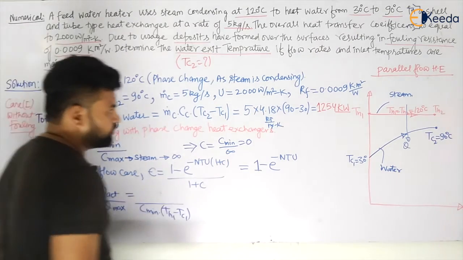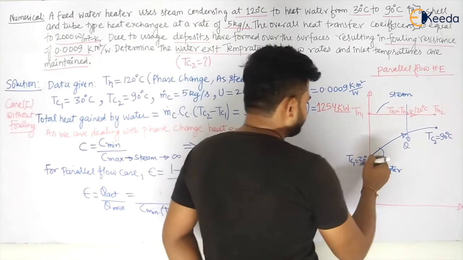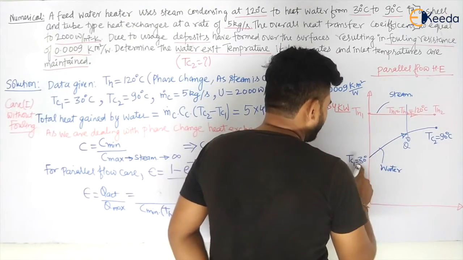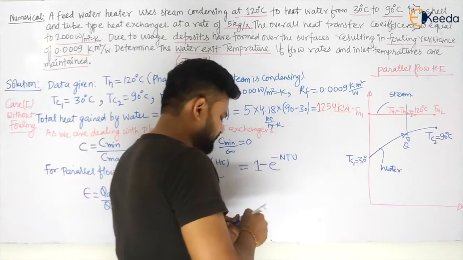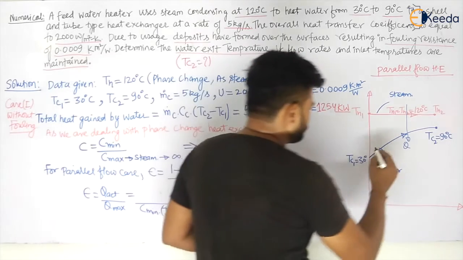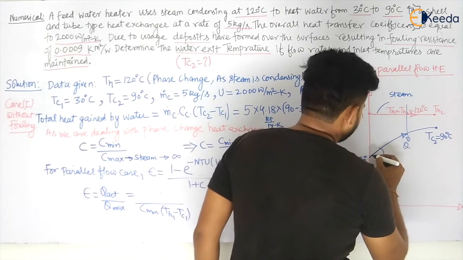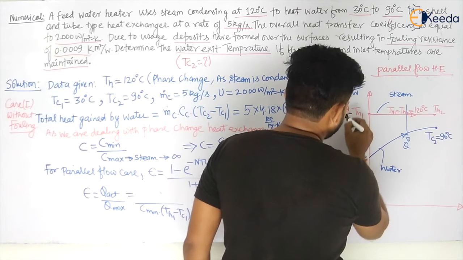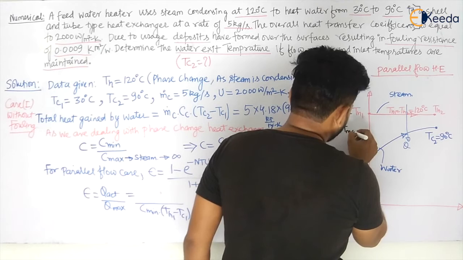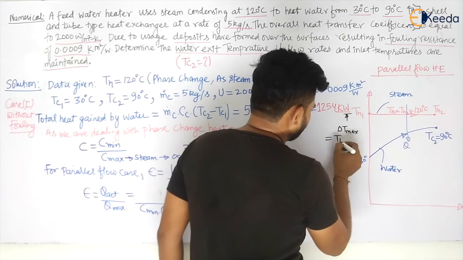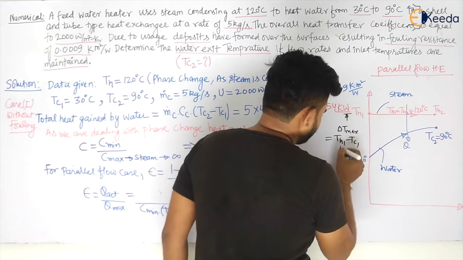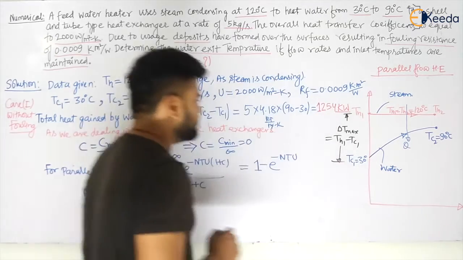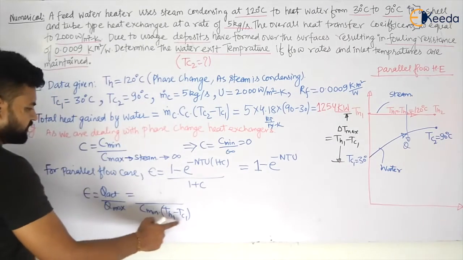If anybody does not remember, if the hot fluid undergoes maximum temperature change, up to TH1, what will be the maximum temperature change? That is delta T max, and this will be given by TH1 minus TC1, my dear students.